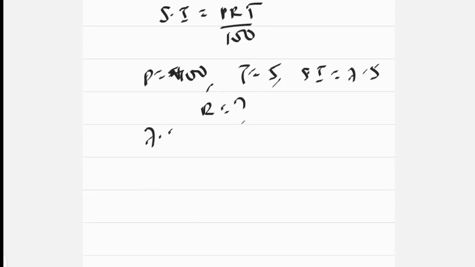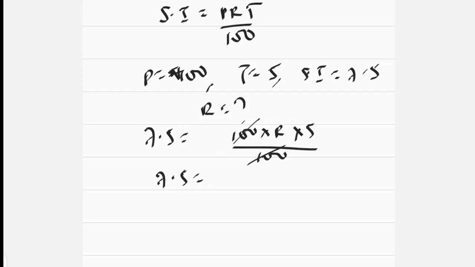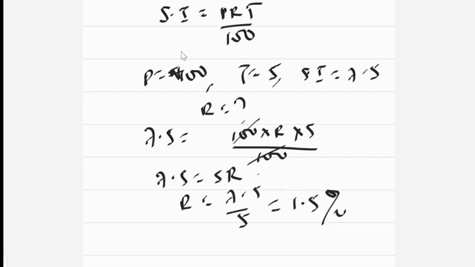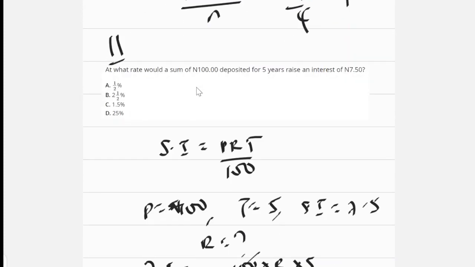Then I am going to have 7.5 is equal to 100 times R, because I don't know it, times 5 divided by 100. And this cancels this. So then I have 7.5 is equal to 5R. Then your R will be 7.5 divided by 5. What is 7.5 divided by 5? This is 1.5. So that gives me 1.5 percent, because your R should be in percentage.